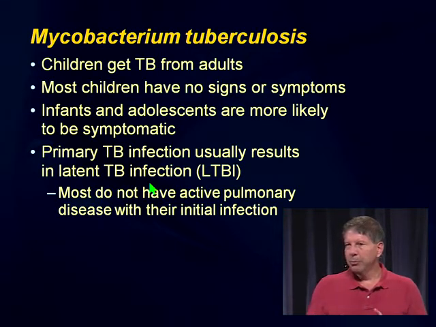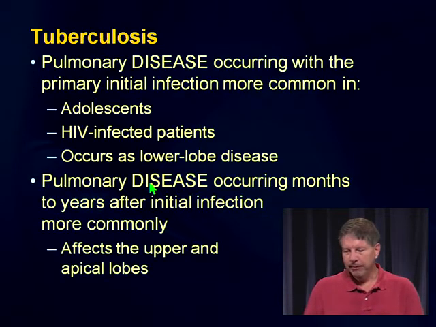That's what happens to most people. So most people do not have an active pulmonary disease with their initial infection. The body recognizes it, tries to keep it under control. It doesn't kill all the organisms. They keep replicating, but it's kept under control until something happens down the road to cause it to come out. So that's how most people react with their primary infection.